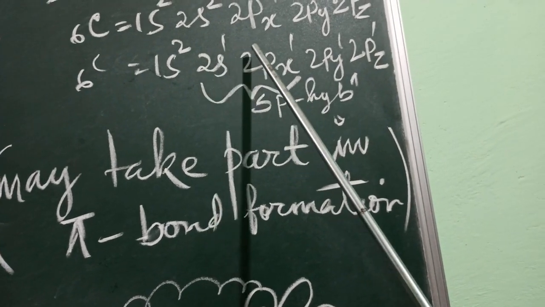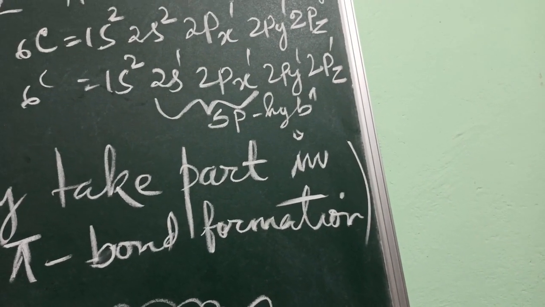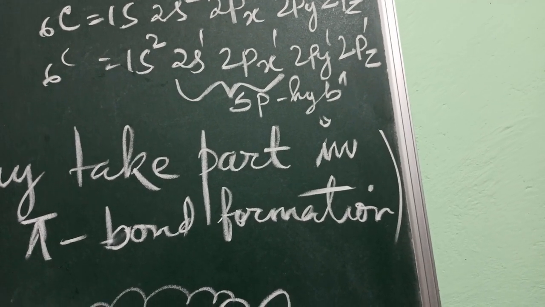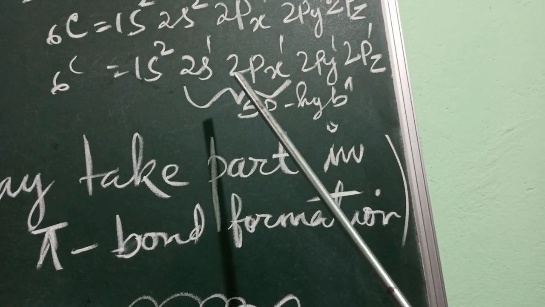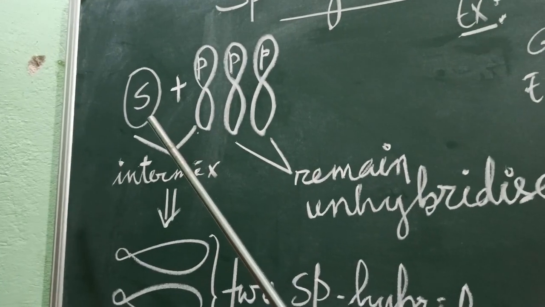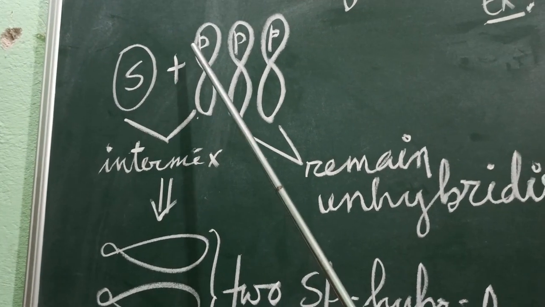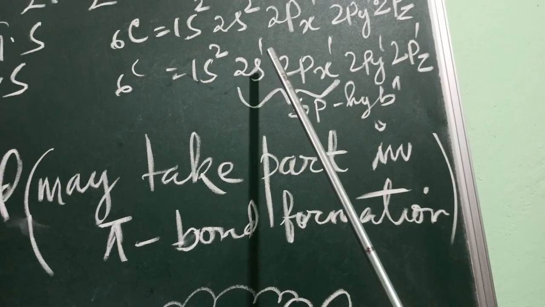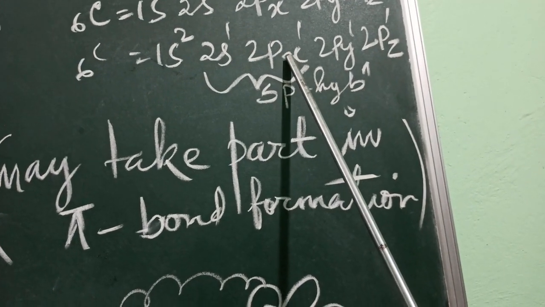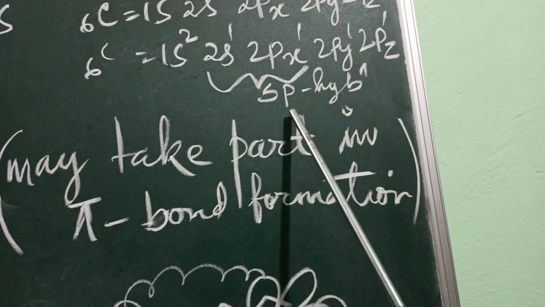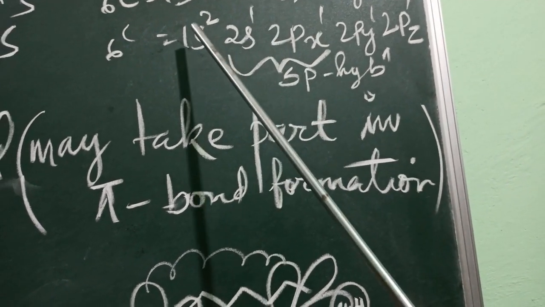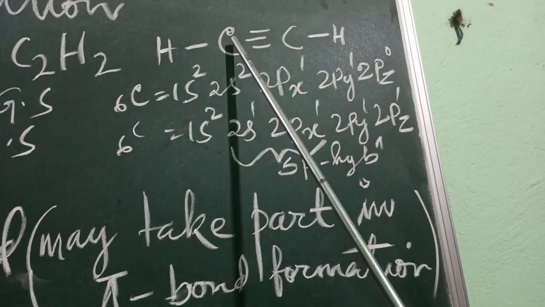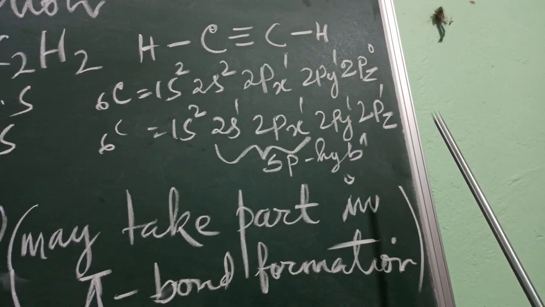Now all orbitals have one electron each. So as we have already mentioned, 1s and 1p will intermix. Similarly, here 1s and 1p have intermixed. This has been written for both of the carbon atoms.